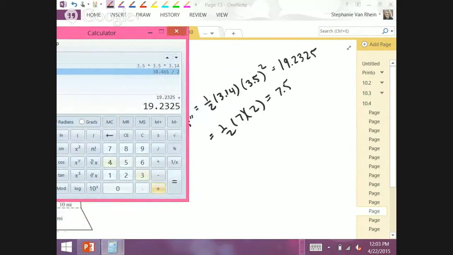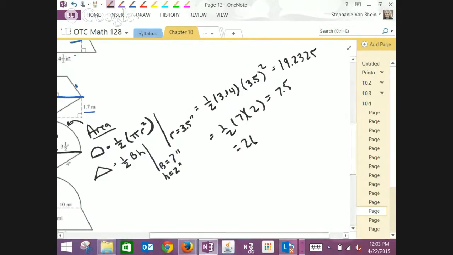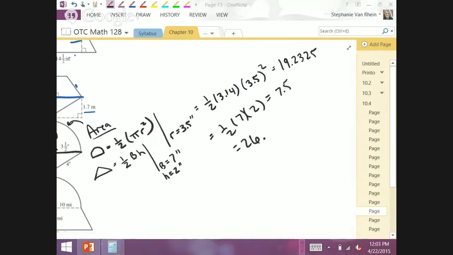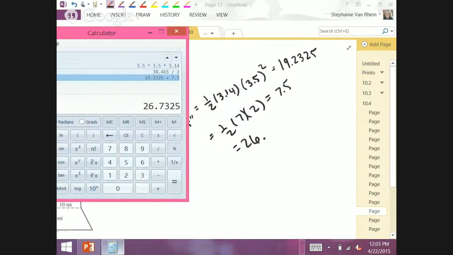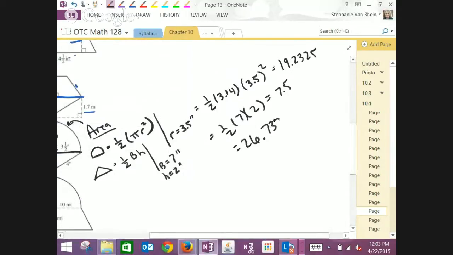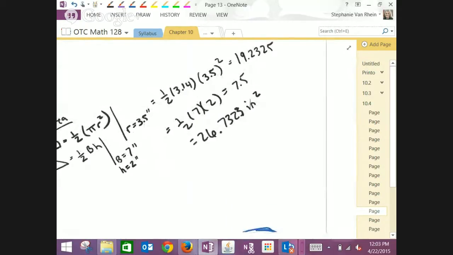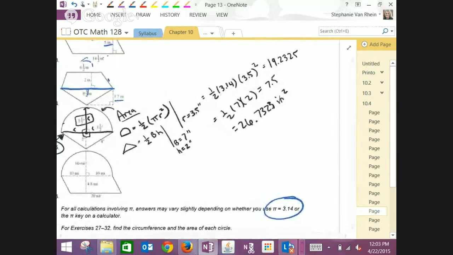If I add that together, oops, I get 26.7325, and then inches squared, right? And I don't know what the back of the book says here.